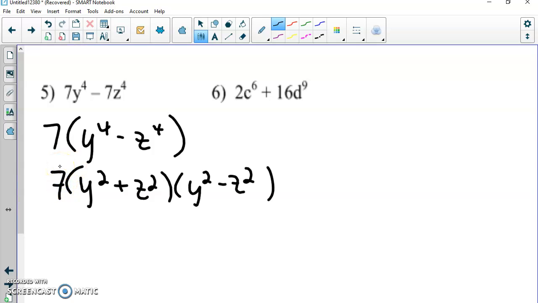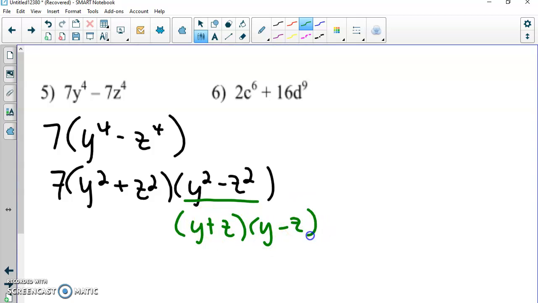Do you notice anything about the factors that are left here? Do either of the two parentheses have the form of one of the formulas? This one here is difference of perfect squares. So y minus z and y plus z.